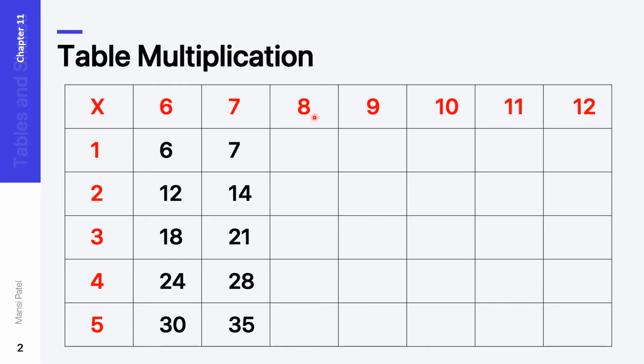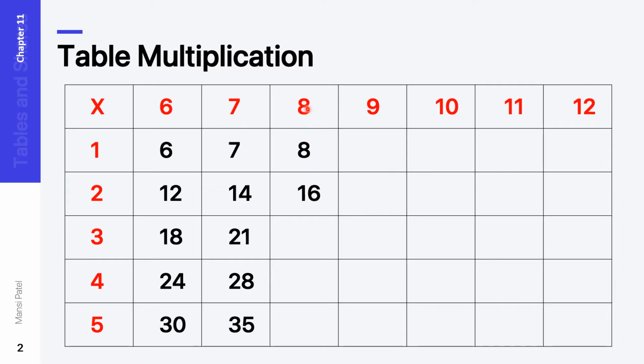Now what about the third one? See here the number is 8 and here the number is 1. So write down 8 ones are 8. Now in this box one number is 8, the second number is 2. So 8 2s are 16. So we have to write down 16 here.